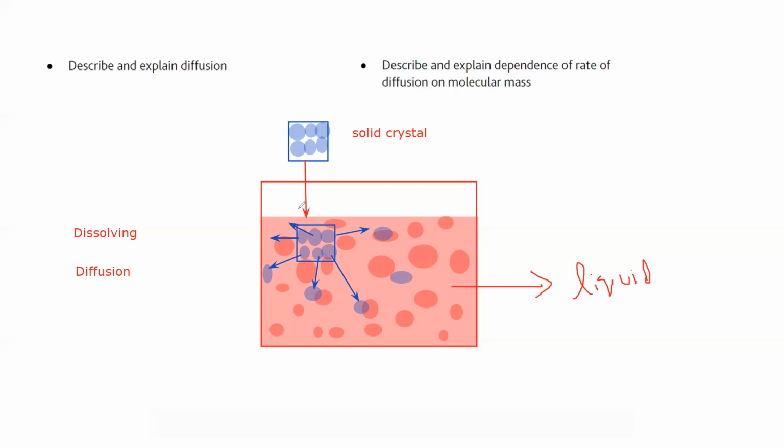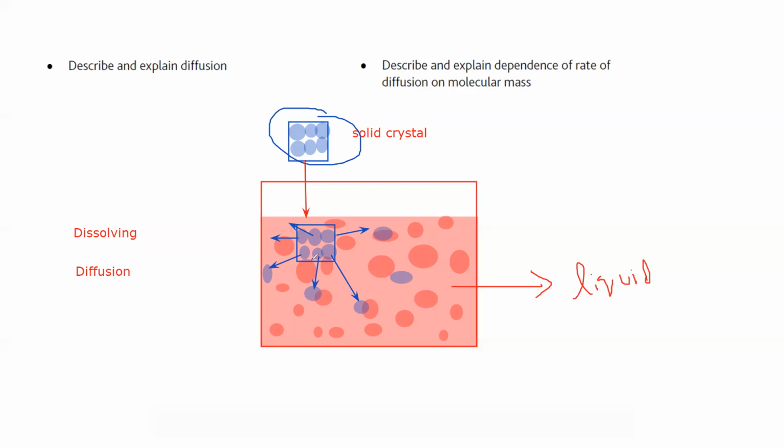Number one is dissolving. What happens in dissolving? When we add a solid crystal to a liquid, the particles of the solid, because they are now in the liquid, tend to move away from each other, because the liquid molecules are attracting the solid particles. As these molecules move away, we call that process dissolving, because when you add sugar or salt to water, you call this process dissolving.